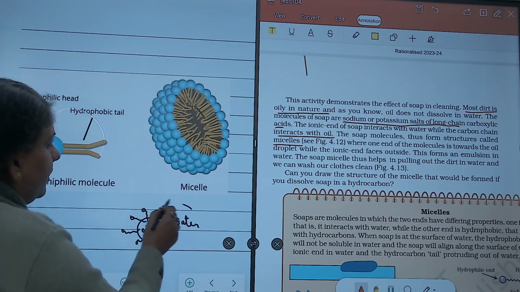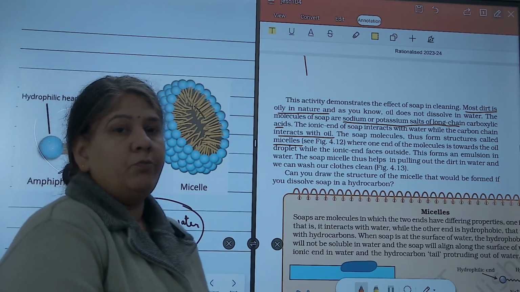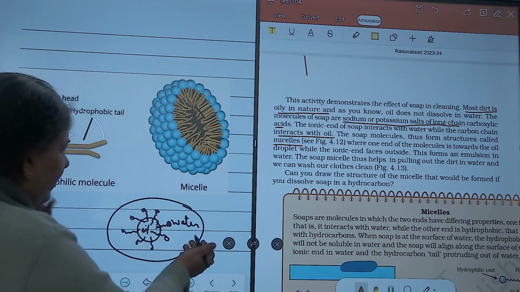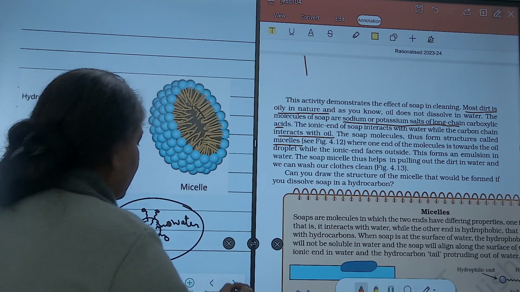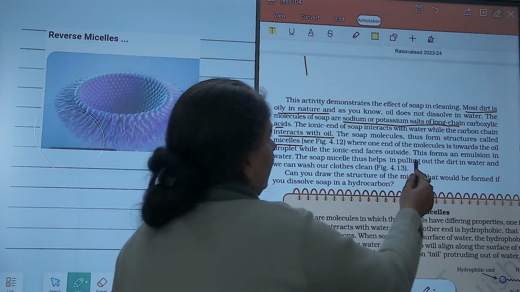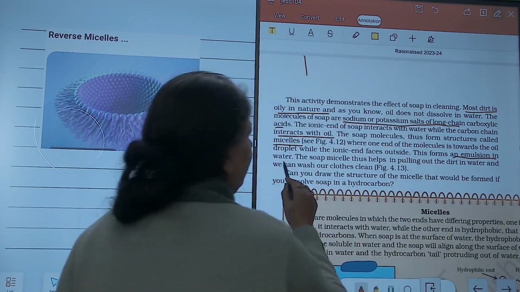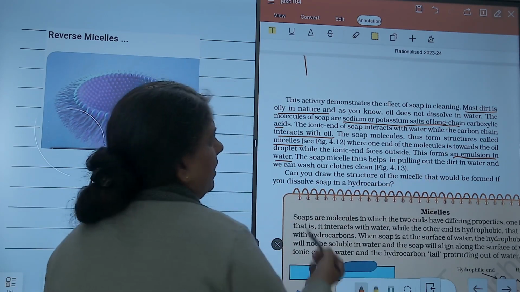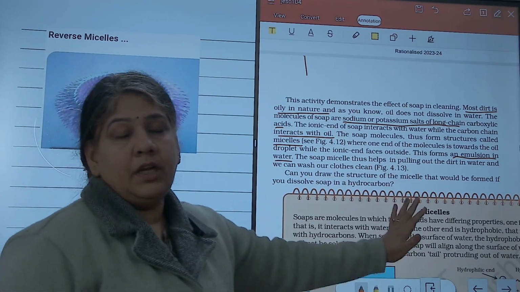So this will now become the part of water, and it will get detached from the cloth or any dirty cloth having this dirt. See, this forms an emulsion in the water. Soap micelles thus help in pulling out dirt in water, and we can wash our clothes clean.